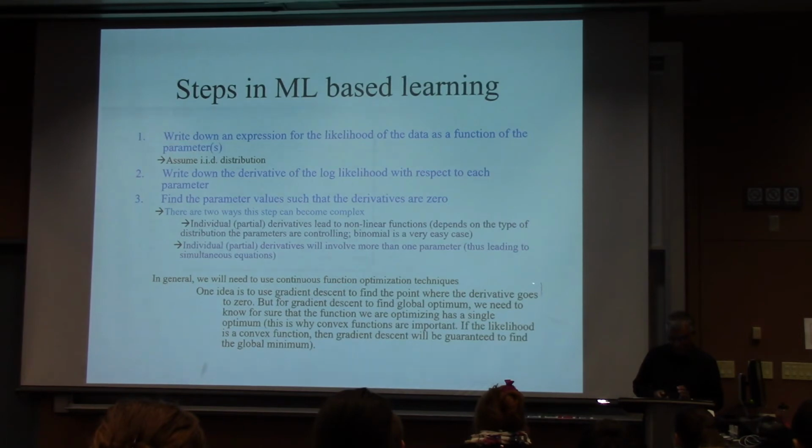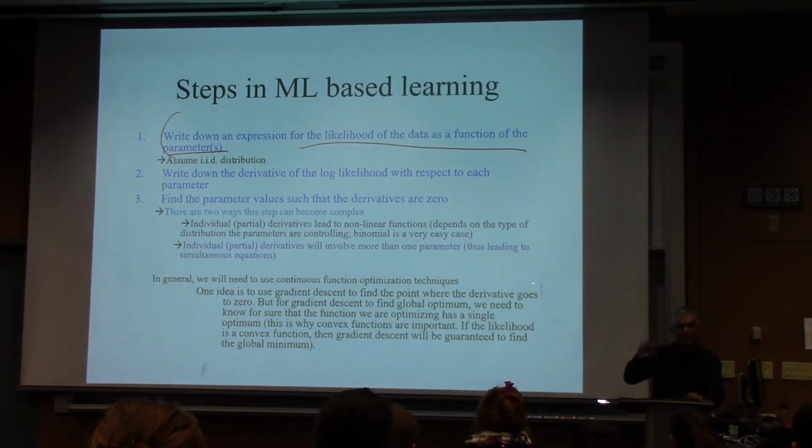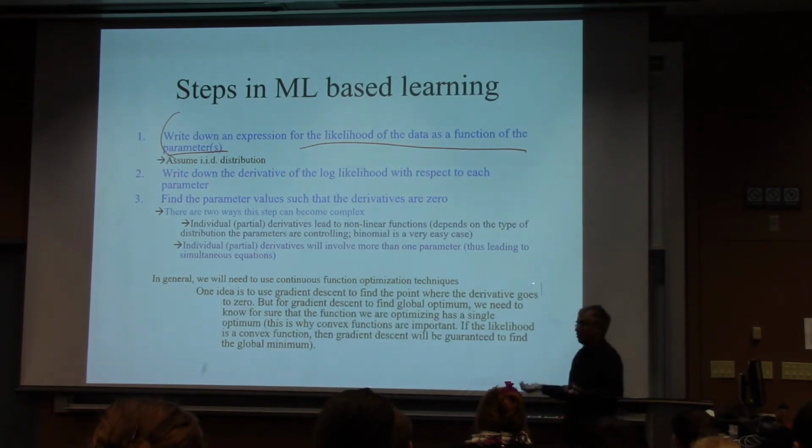These are the steps involved. You first write down the expression for the likelihood of the data as a function of the parameters. That's what you did when you did theta power k, and 1 minus theta power n minus k for the first example. So you write the likelihood as a function of the parameters.